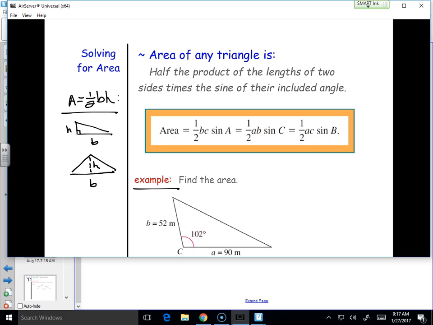So why on earth are they giving us this whole B, C, sine of A stuff? Question. Let's call this triangle ABC.